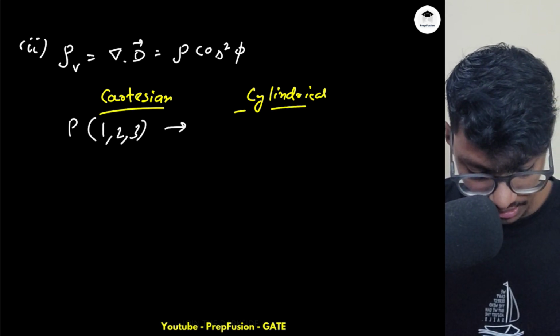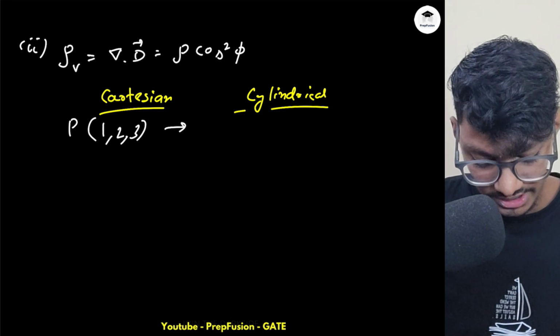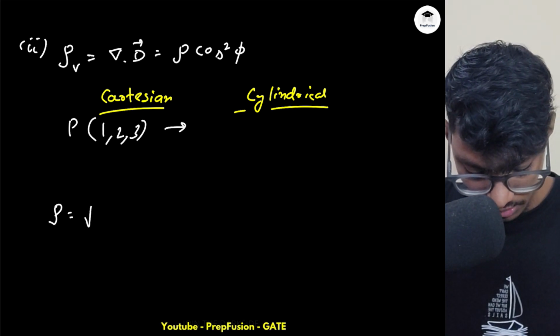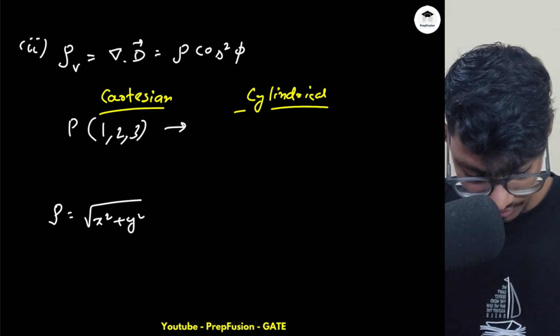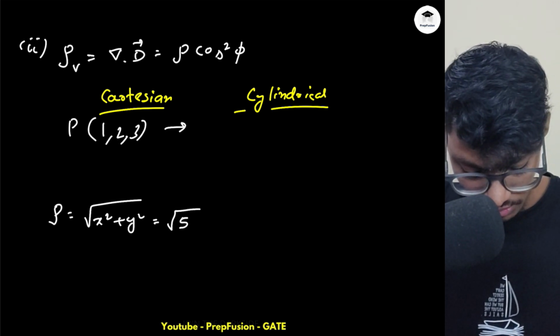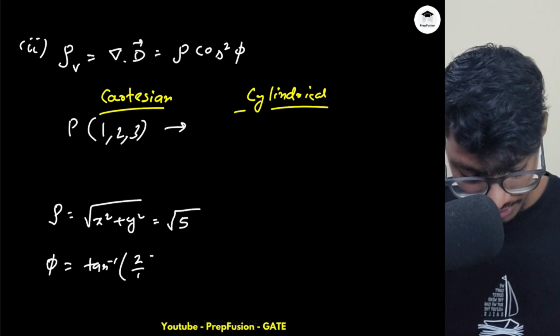So this type of question can come. If you want to convert this into cylindrical, what do you have to do? Your x and y components are these. So what is your rho? Rho will be the square root of x square plus y square, if you remember. So it is root 5. What is your phi? Phi will be tan inverse y upon x.